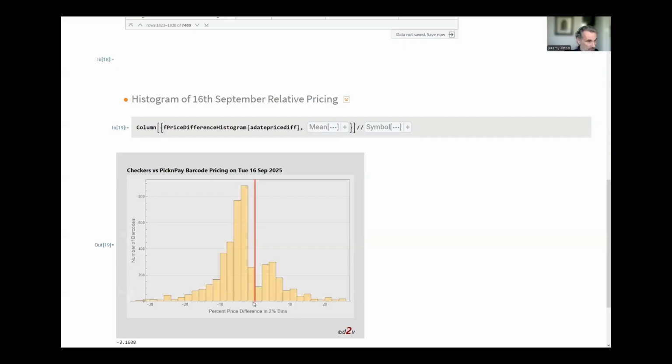As you can see, Checkers is skewed cheaper than Pick and Pay with an average price difference on all of those 7,500 products of minus 3.16% as of the 16th of September. So this bar here is showing that in the -2 to -4% range, Checkers cheaper than Pick and Pay, there are around about 850 products.